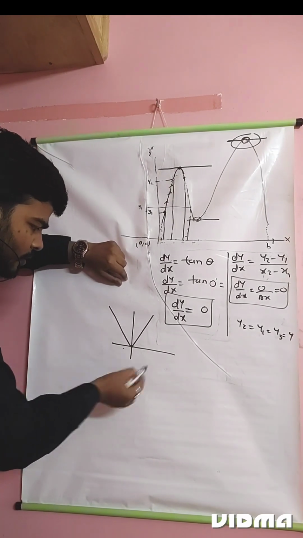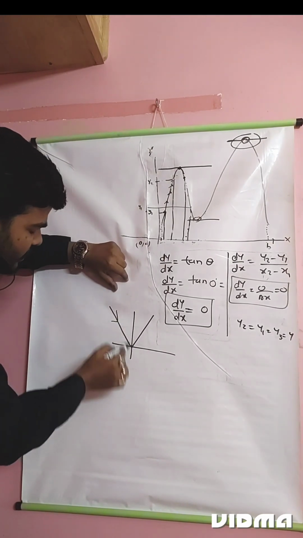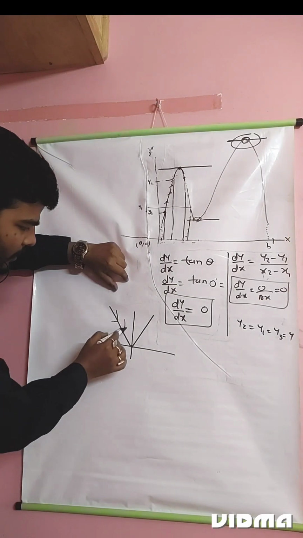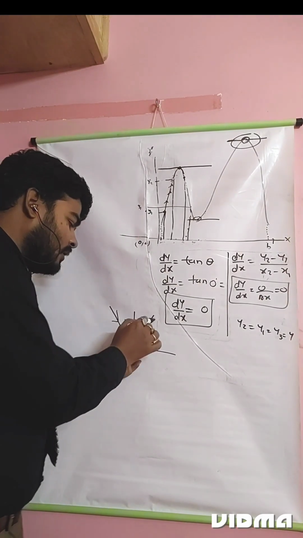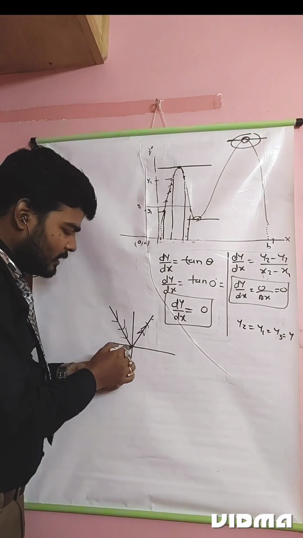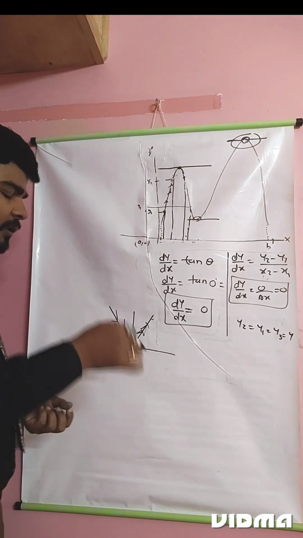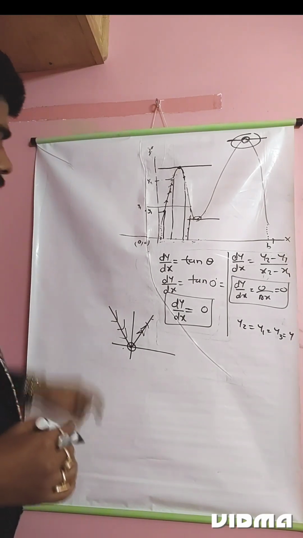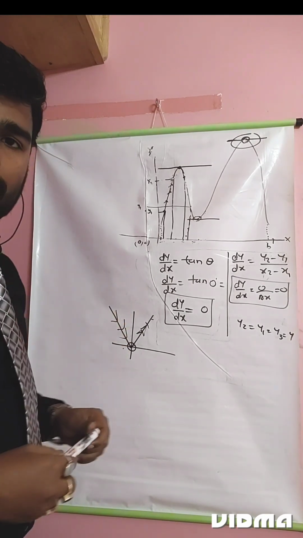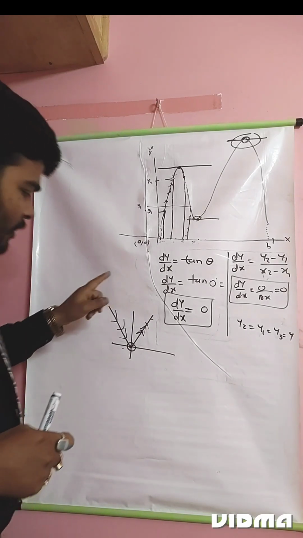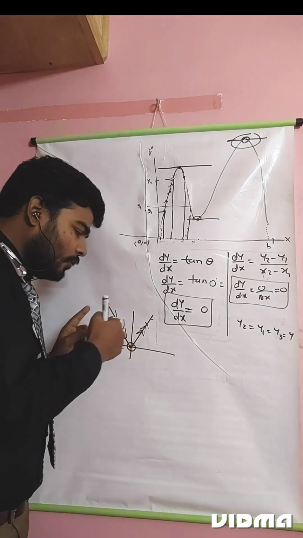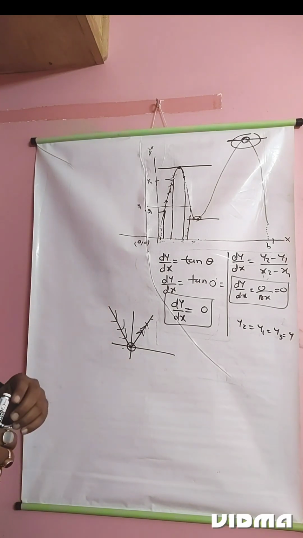Before x equal to 0, the curve is decreasing continuously, and after x equal to 0, the curve starts increasing. That means this is the point where the curve changes its nature. So this is the critical point for the curve y equal to mod x, but at this point the function is not differentiable.